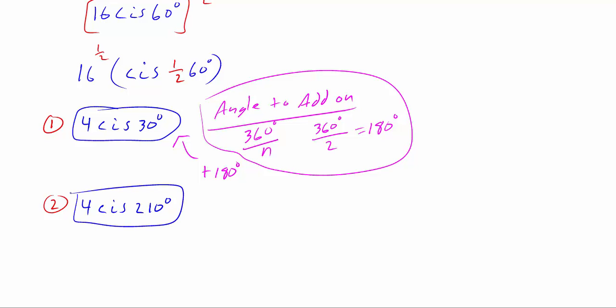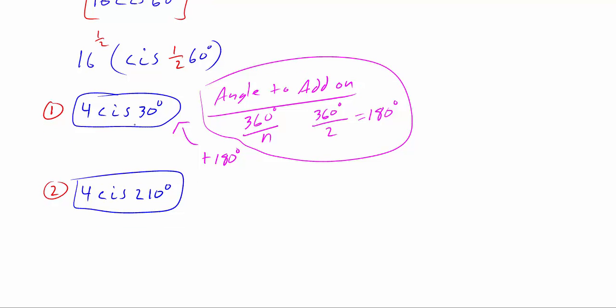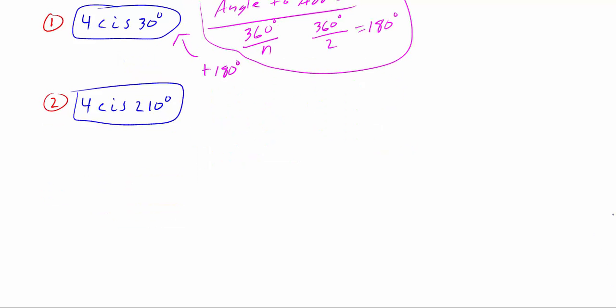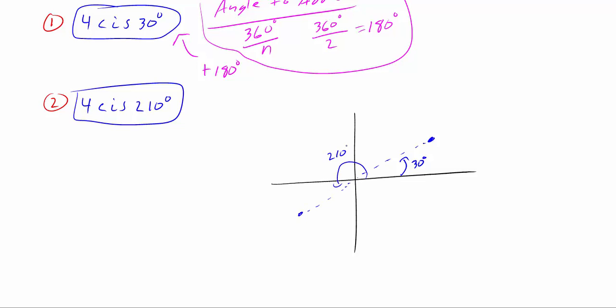Now, if we were to graph this to see what these complex roots look like, we're going to notice that the first one is at 30 degrees. So here's our point. This is at 30 degrees. And the other one is located at 210 degrees, and it's actually going to be right over here at 210.